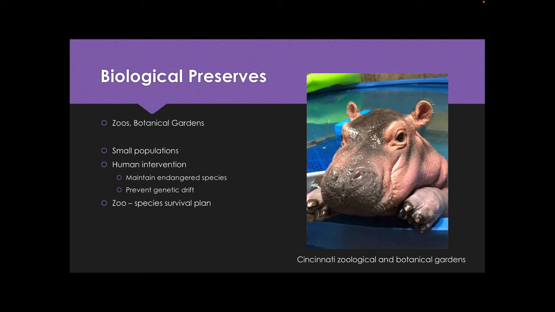And if she had been a normal hippo, she probably would have been shipped out to another zoo for breeding. But now she's famous. So you can't ship her to another place, or the people of Cincinnati will throw a fit. Can you bring in another male? We don't know how Fiona and her mom might react to the presence of a strange male. So that's kind of thrown the species survival plan into disarray a little bit.